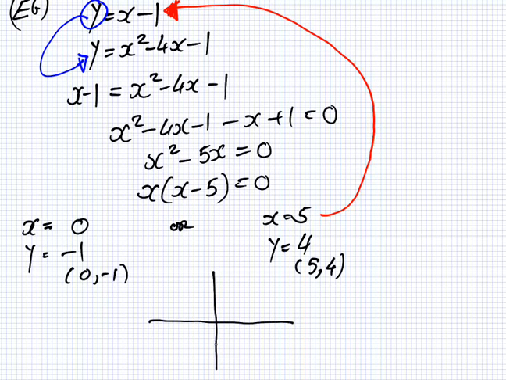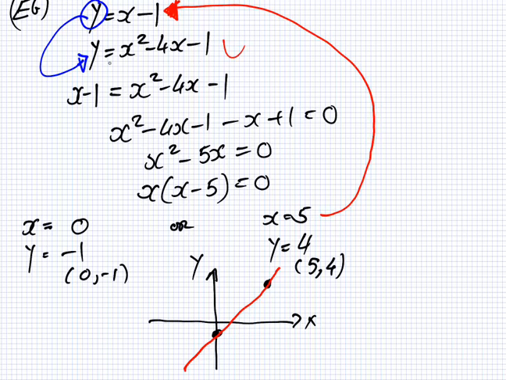Factorizing is the best way to go here. You have x and x minus 5. So you can see that you have two values for x. x equals 0 or x equals 5. Now that's not quite finished because we need to get the y's now. I'll take these answers and put them back into this one. y is x minus 1.